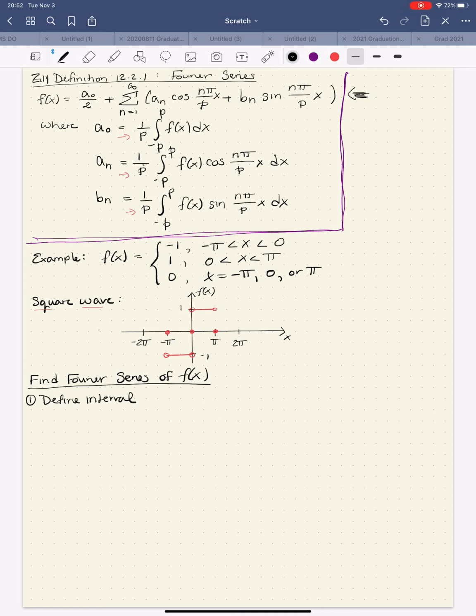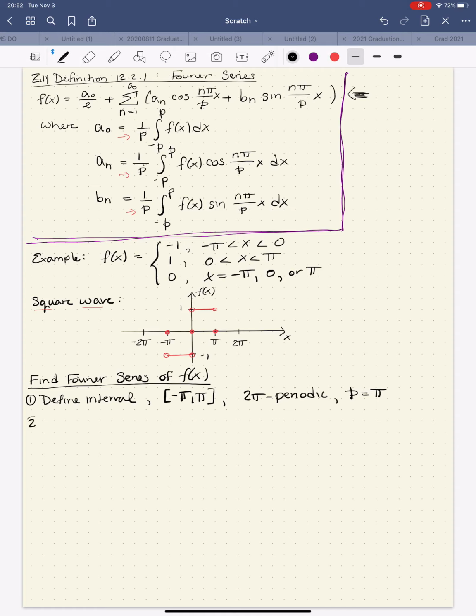Our interval in this particular case is negative pi to pi, and this means that the total period is 2 pi. So from negative pi to pi is 2 pi, so this is 2 pi periodic. And that means that p, which is half of the period, is pi. This is a really important step. If you don't have this down, then the rest of it's very hard. That's why step 1 is to define p.